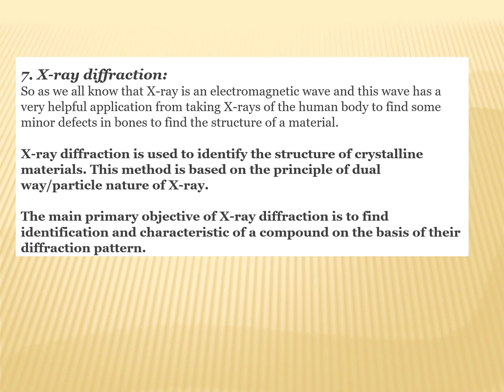Next example is X-ray diffraction. X-ray diffraction is used to identify the structure of crystalline materials. This method is based on the principle of the dual wave-particle nature of X-rays.